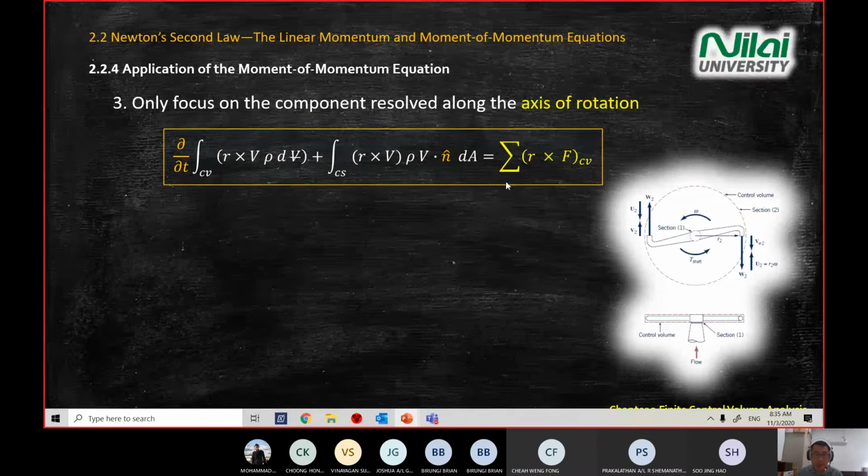That's why we can use this equation. You must always remind yourself how we get this equation: it comes from the three equations just now, and one of them is that our control volume coincides with our system. Then we can use this one.